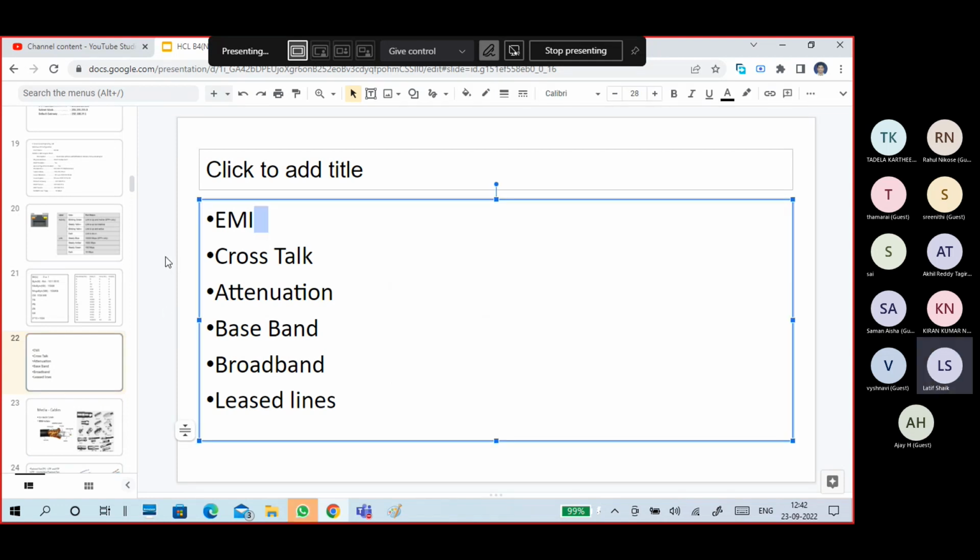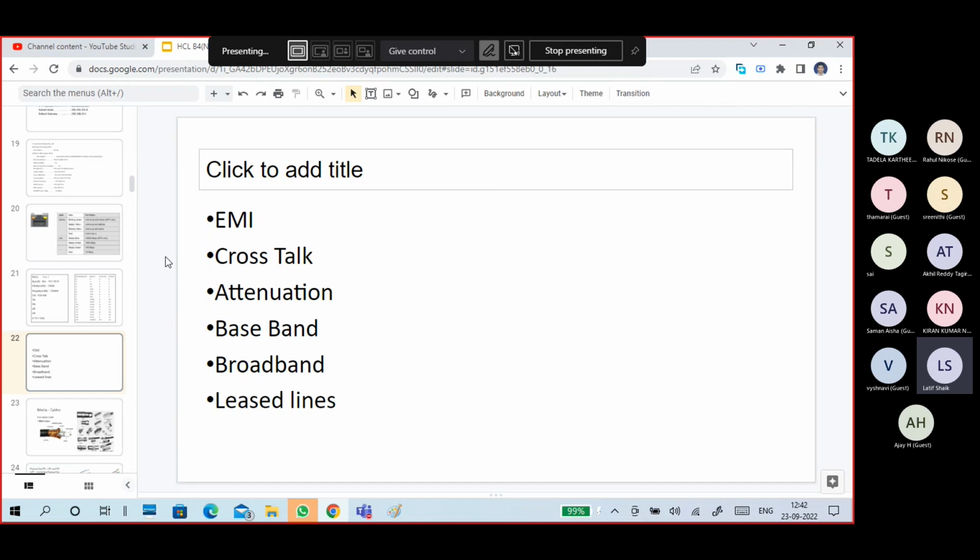EMI means electromagnetic interference. Crosstalk means a mixture of two or more signals. That is called crosstalk.